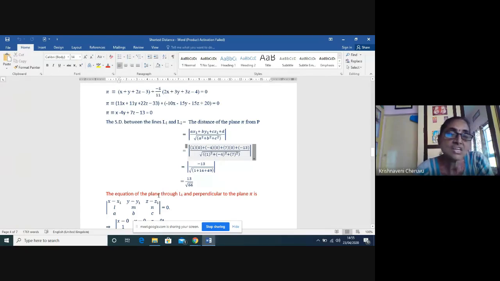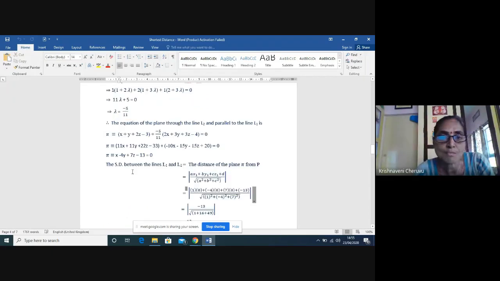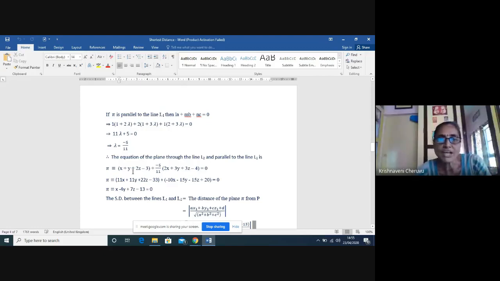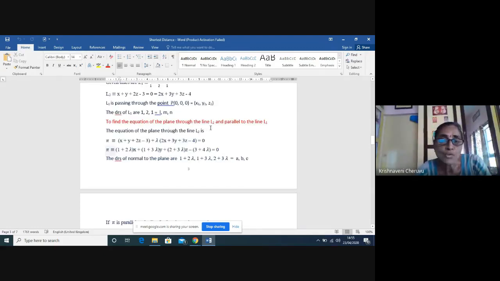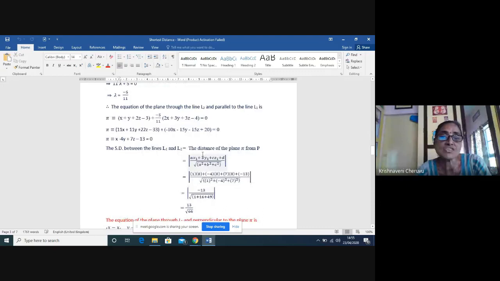I repeat, to find the shortest distance between the lines, when one line is in symmetric form and the other is in unsymmetric form, you find a plane through the line in unsymmetric form and parallel to the line L1 in symmetric form, so that the distance between the two lines L1, L2 is nothing but the distance of any point on the symmetric-form line from the plane containing the unsymmetric-form line.